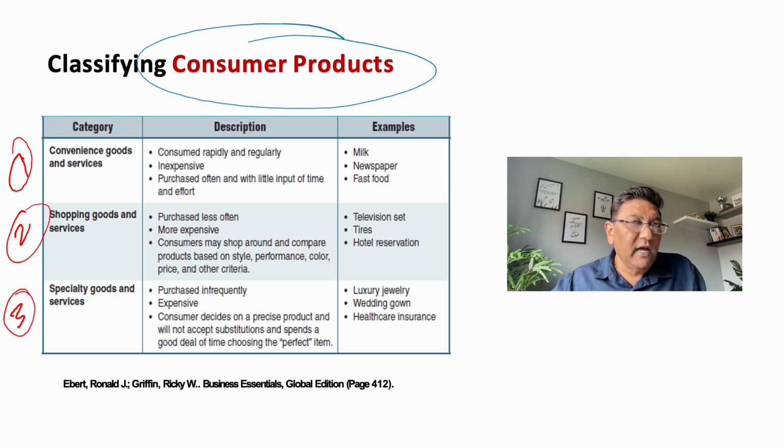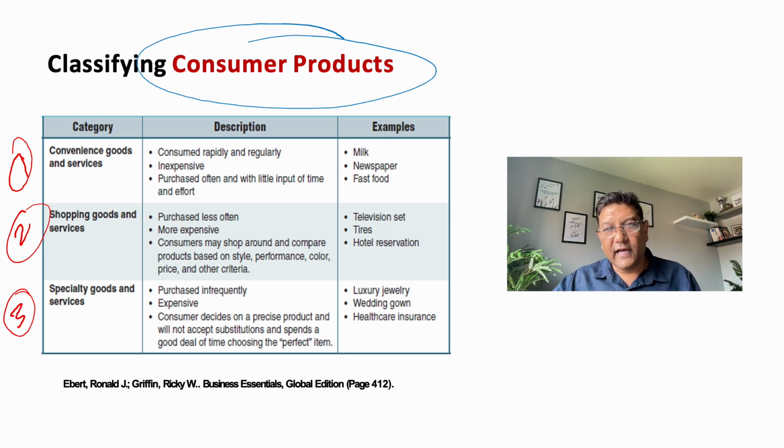So what could be the classification of industrial products and services? For marketing in a supply chain, we need to understand which type of product or services we are producing before we actually go for the marketing, before we approach the consumers or the organization to buy our product.